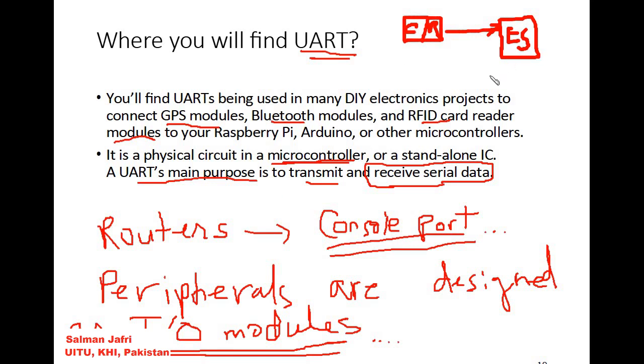In fact, Cisco provides different kinds of routers, and routers also contain a console port, which is basically a UART port. These days the USB ports have replaced the UART ports, but the idea is still the same.